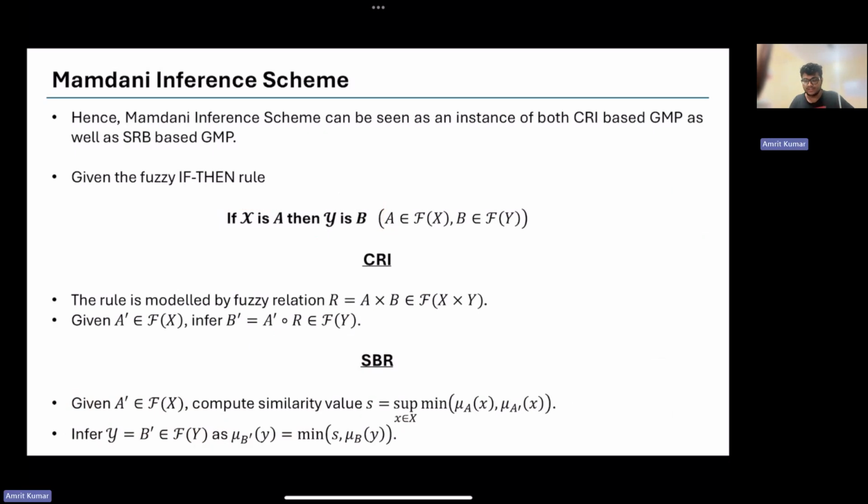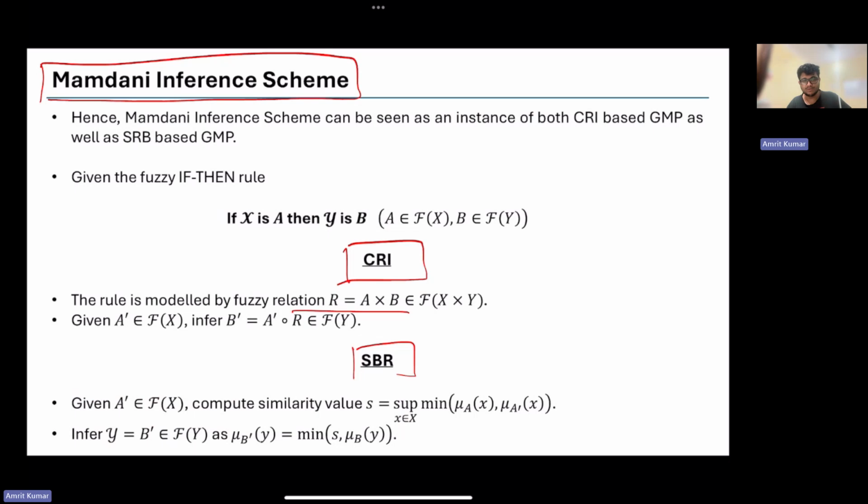So Mamdani inference scheme can be looked at from a classical compositional rule of inference viewpoint, in which case you build your relation R by taking the Cartesian product of A with B, or in other words, by using the minimum operation. And it can also be looked at from a similarity-based reasoning perspective, in which case you compute your similarity value S using the Jaccard maximum similarity, and you use that to modify your B in order to get B dash.